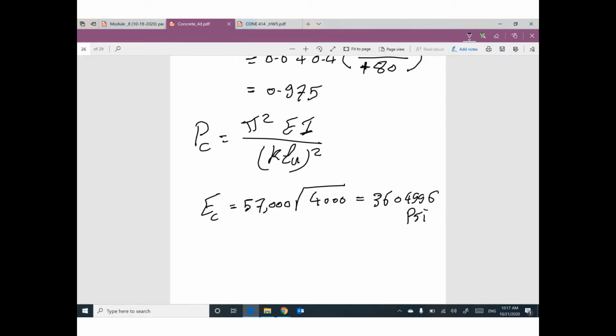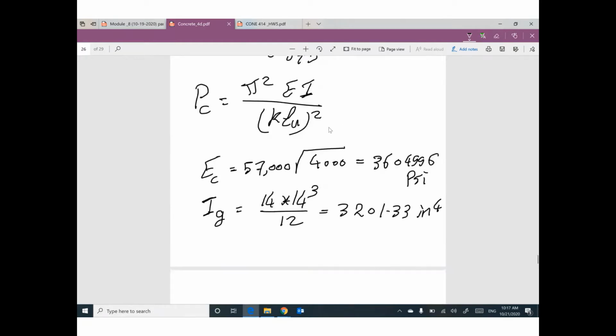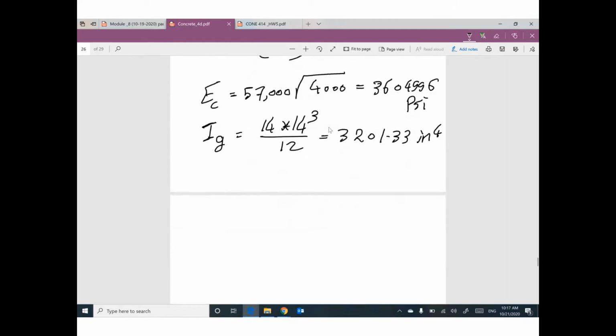I gross for this column: 14 times 14 cube divide 12. It's a square. So the value of EI equal, I think, 0.4 E concrete I gross divide 1 plus beta.